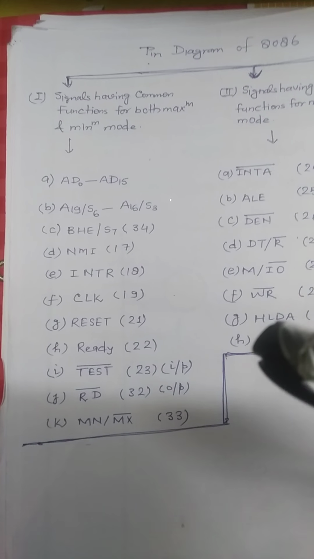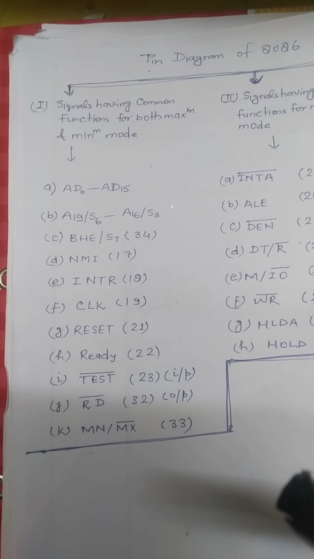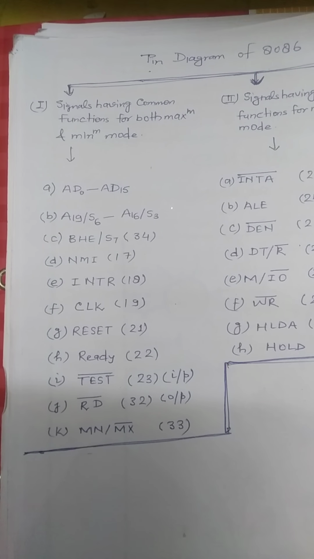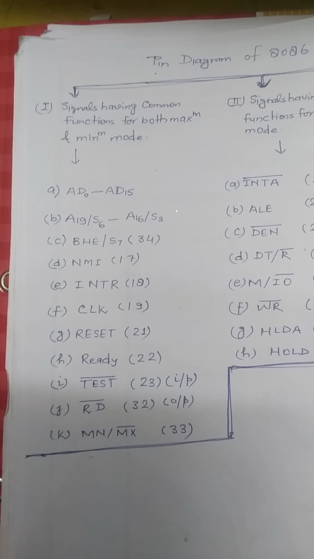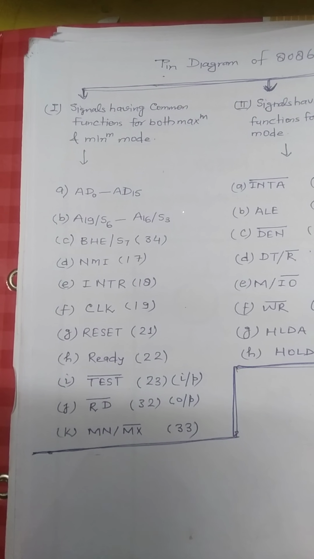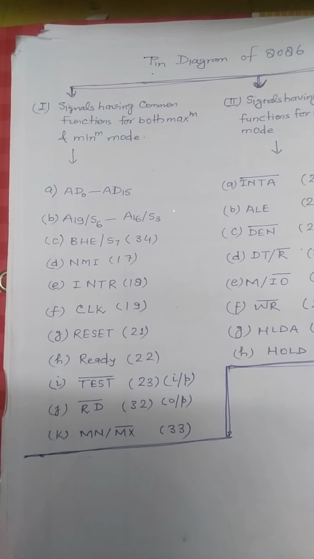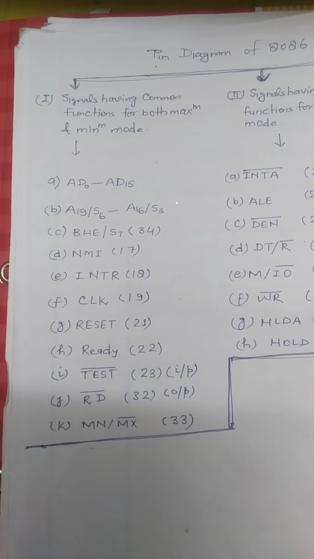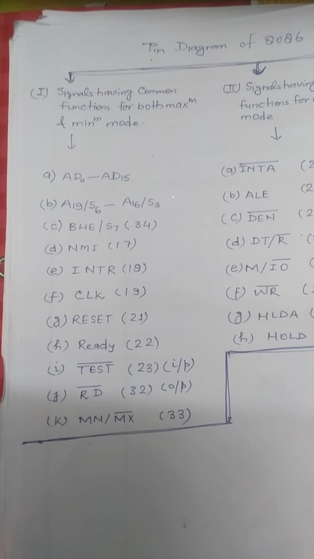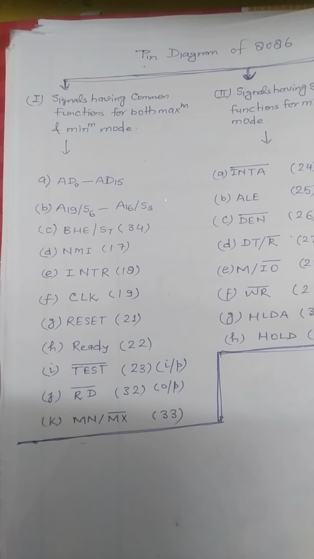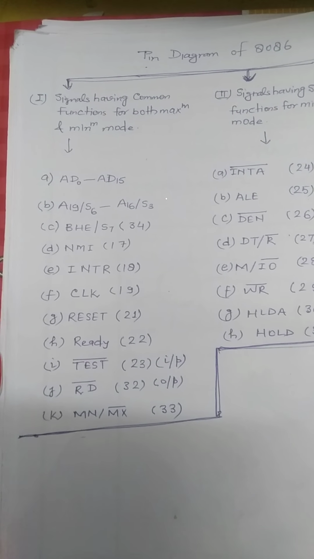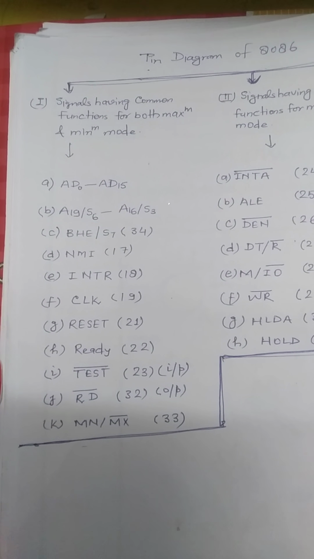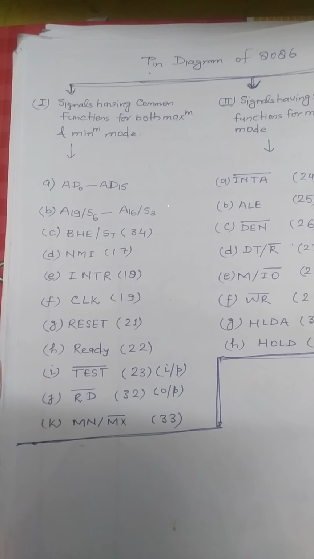Next is INTR, that is the interrupt request pin. It is at pin number 18, and it is a level triggered maskable interrupt. As we know, signals are of two types, edge triggered and level triggered. Some signals are edge triggered, they respond to the transition of the signal from positive to negative or negative to positive.